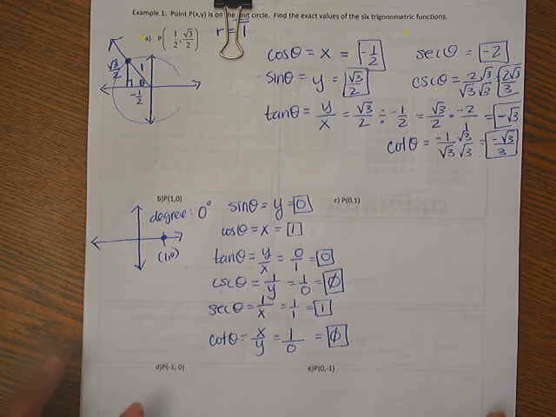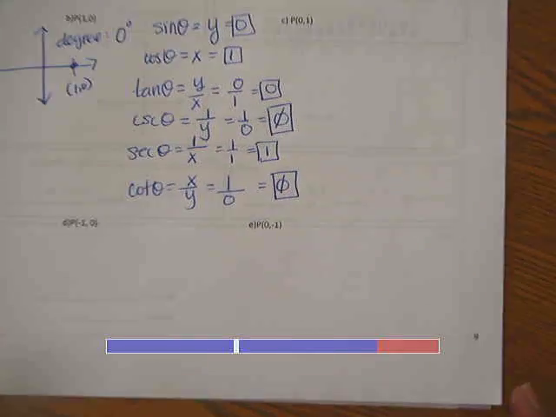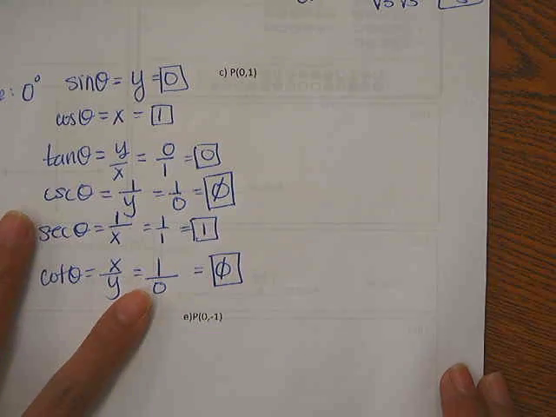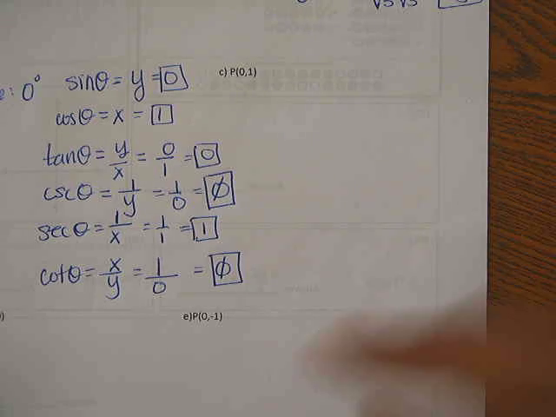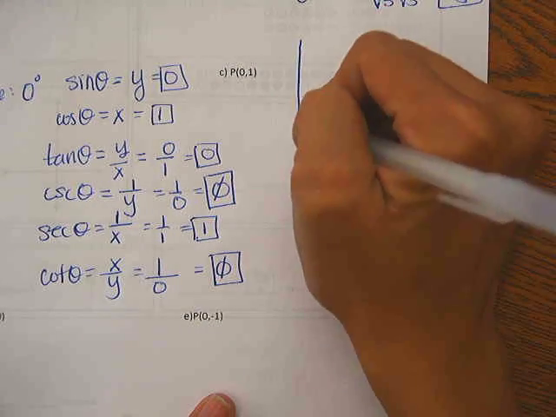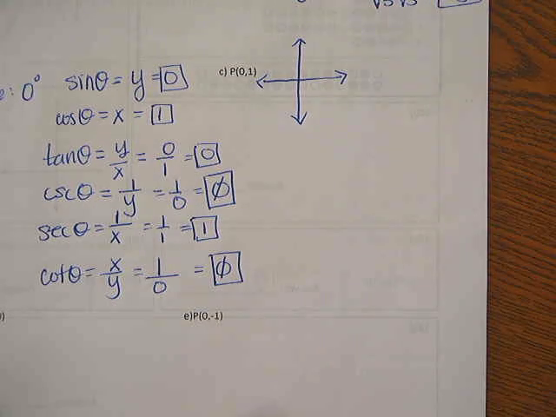Okay? So because we are completing part C today, I'm just going to zoom into part C, which is right there. All right. So part C is giving you a point. The first thing you might want to do is give it a little sketch. Plot it out.